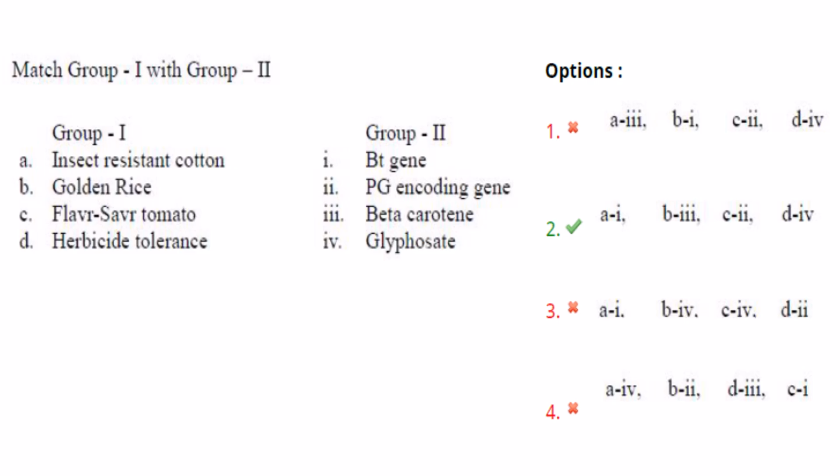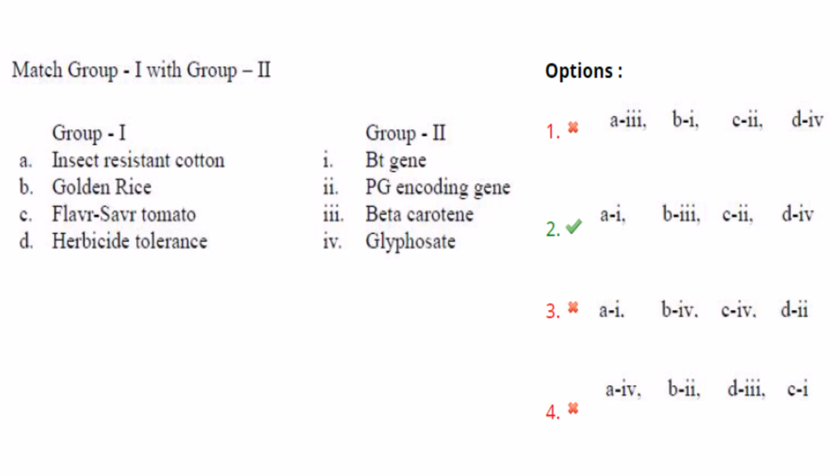They silenced the polygalacturonase gene, which was responsible for fruit softening, which happens during ripening of the tomato.